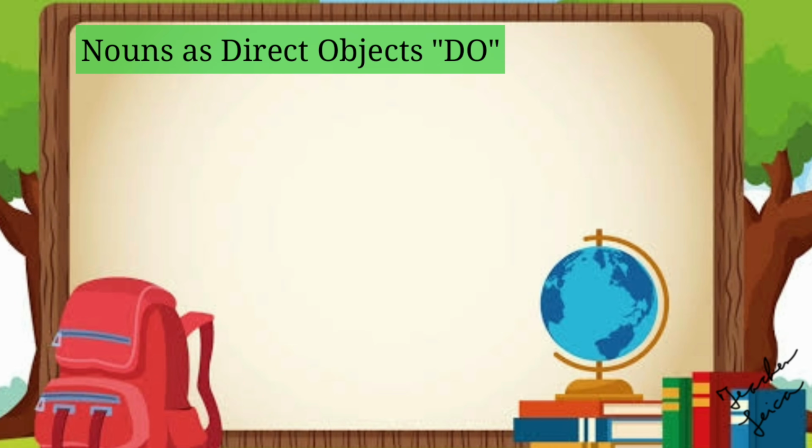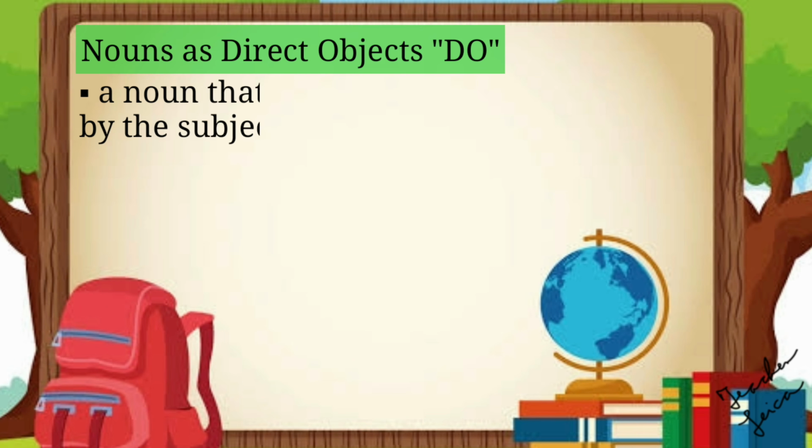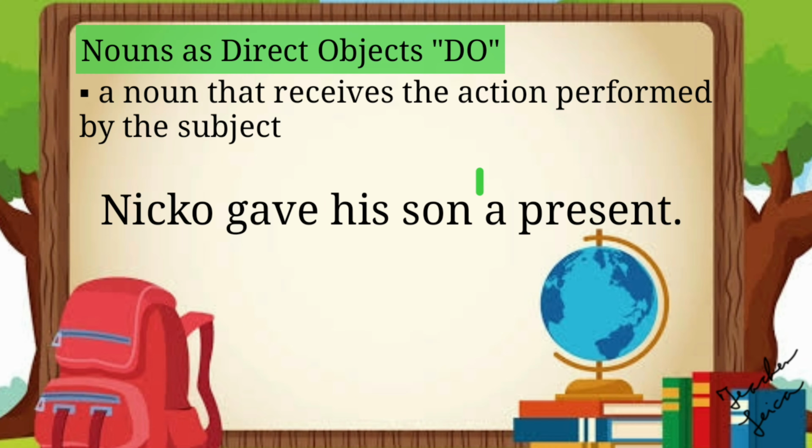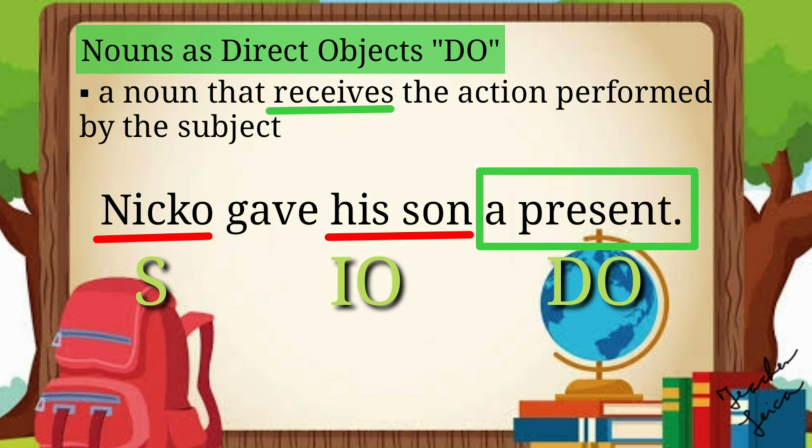The nouns as direct objects, or DO. What is a direct object again? A direct object is a noun that receives the action performed by the subject. Example. Nick gave his son a present.